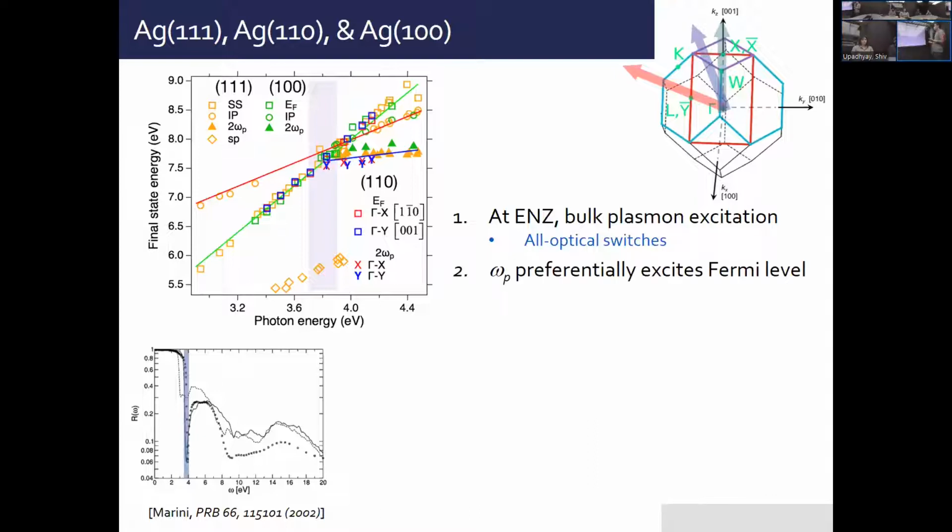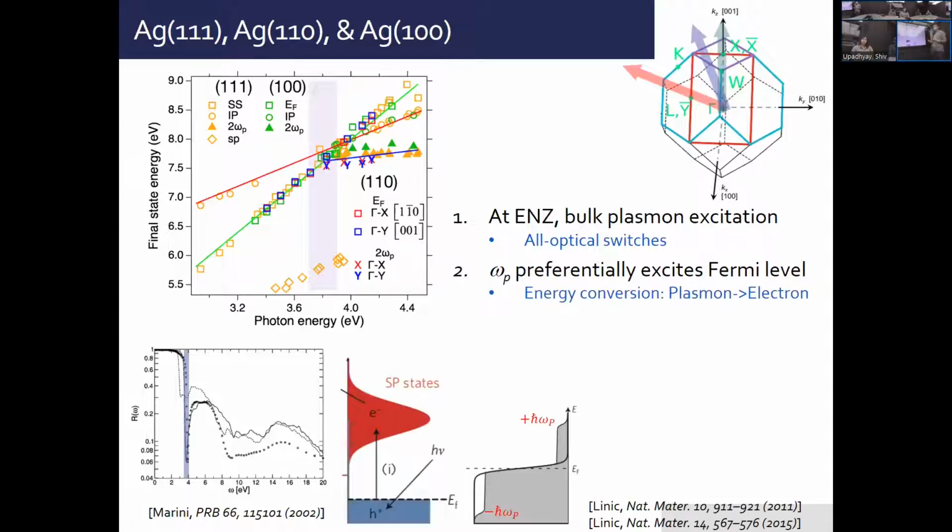And the second point is that our bulk plasma decay preferentially excites electrons from the Fermi level. Whether this conversion from plasma preferentially excites from the Fermi level or excites hot electrons in a broad energy range, at least our data shows that preferentially from the Fermi level is correct.